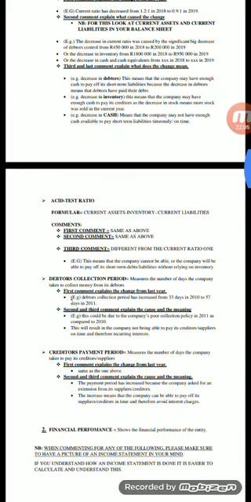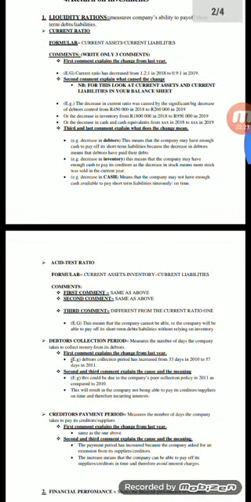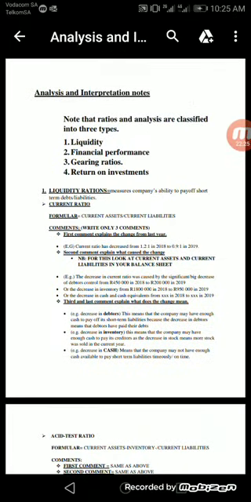That's why I said first comment, same as above. You explain the change. You will say its acid test ratio has decreased from this to that. And then second comment, same as above. Comment, explain what caused the change.